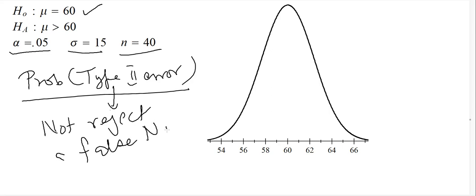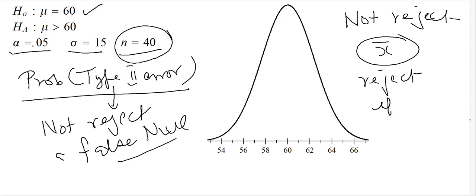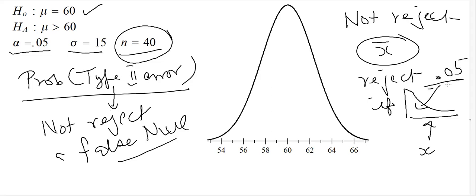false null hypothesis, right? Okay, so first let's see when we are not going to reject the null hypothesis. Our sample size is 40, so we are going to obtain a sample mean x bar, and we reject if the sample mean goes towards the tail, where this tail is 0.05 in area.